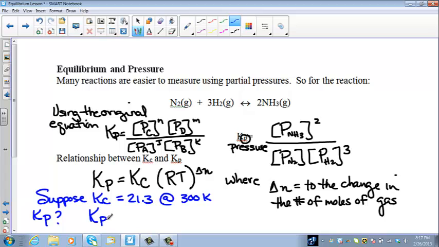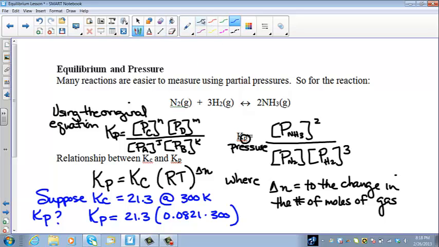So Kp is equal to 21.3 times R, which is 0.0821, times 300, and that's going to be raised to the change in N. So let's go up here to the top. We have 1 plus 3, and we have 2. So this is going to be the change in the number of moles of gas.